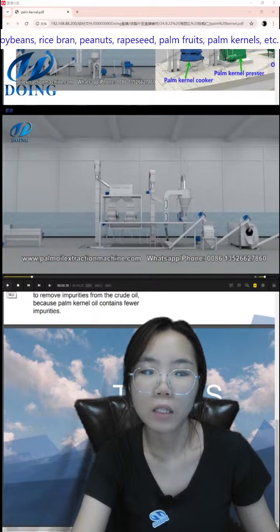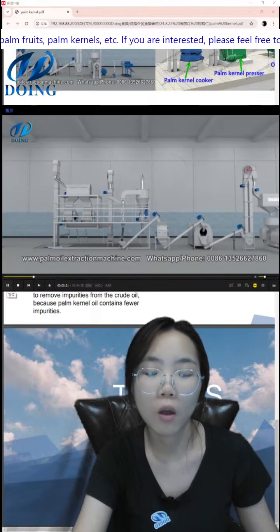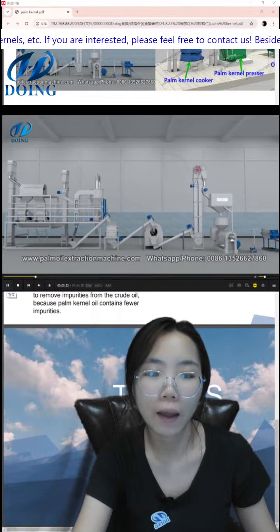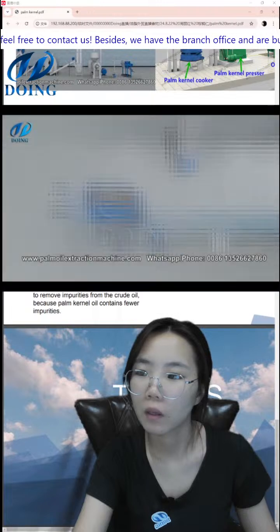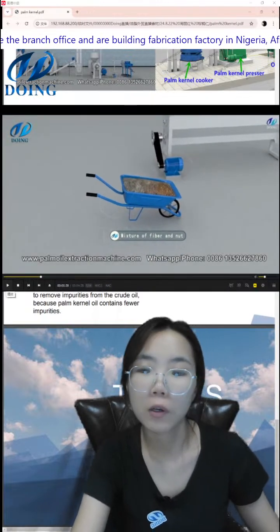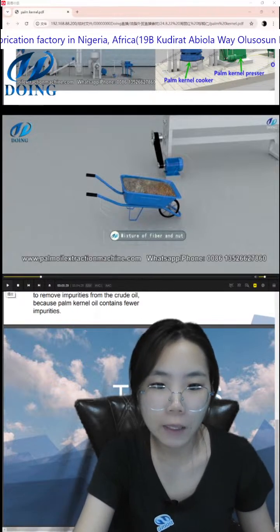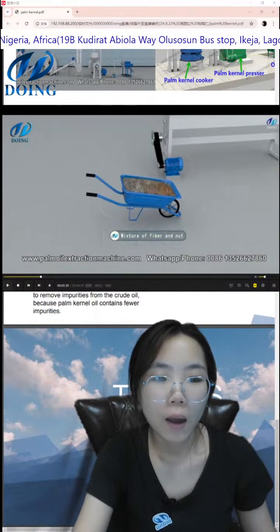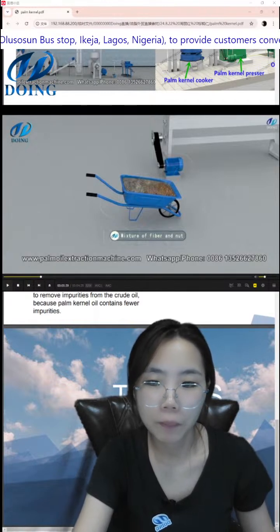And this is the equipment situation of the palm kernel processing line. Most customers' palm kernels come from their own palm oil processing production line or are bought from the market.